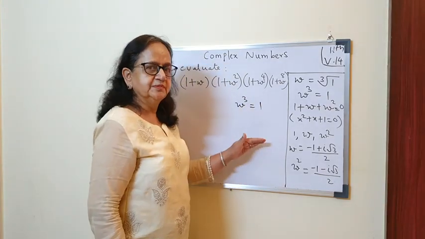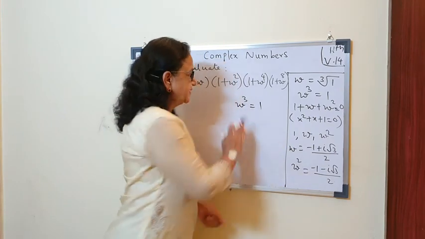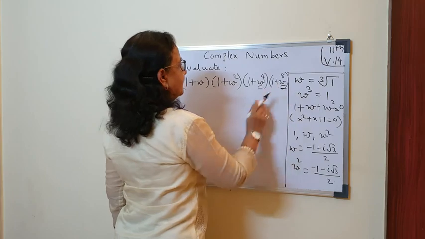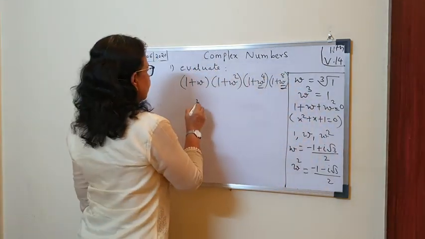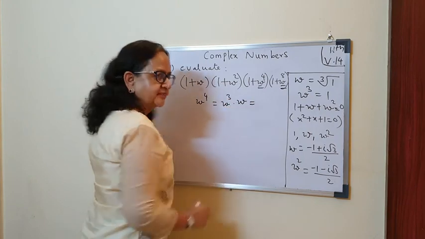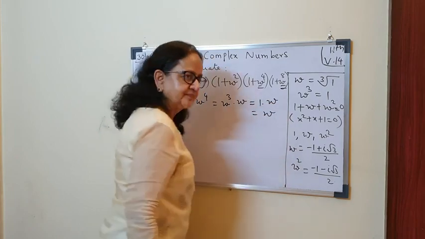After omega cube, I am not going to keep anything in my problem. I want to replace them. So first, omega raised to 4 I don't want, omega raised to 8 I don't want. Can you evaluate both of them? See, omega raised to 4 is omega cube into omega. But omega cube is 1 and so it is omega.